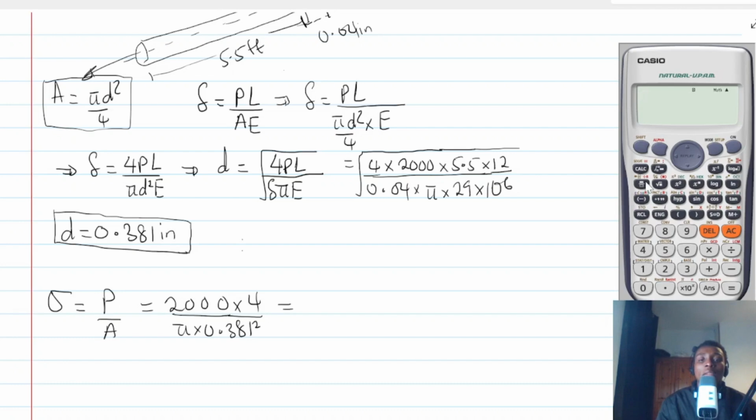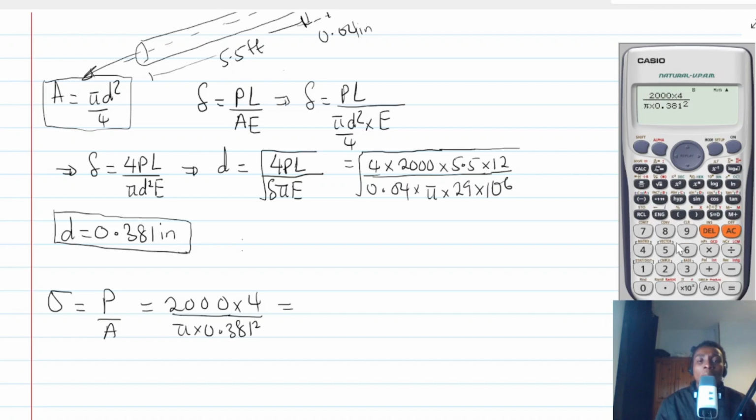And what do we get? We will get 2,000 multiplied by 4 divided by pi multiplied by 0.381 squared.